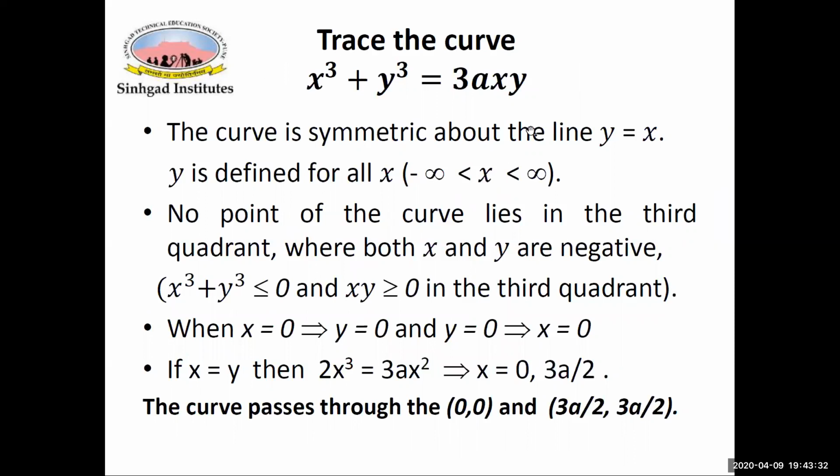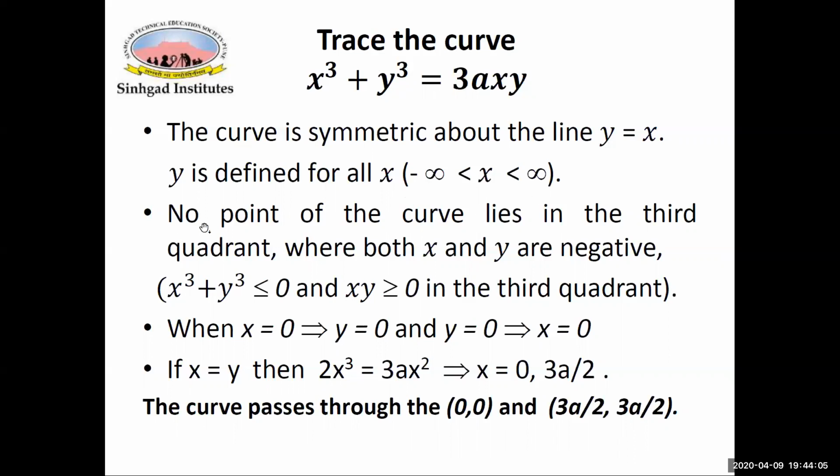Now this is a very important question of implicit curve, asked many times in exam, that is x cube plus y cube is equal to 3axy. This is an implicit curve. Now if you replace x by y, you will not get a change in the equation. Hence it is symmetric about the line y equal to x. So it is defined between the region minus infinity to infinity along the x-axis.